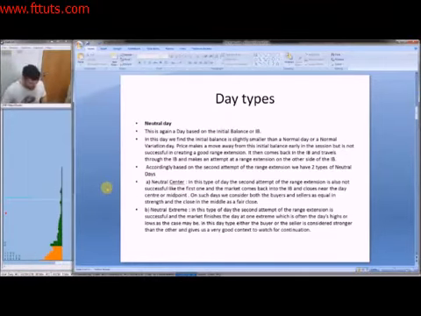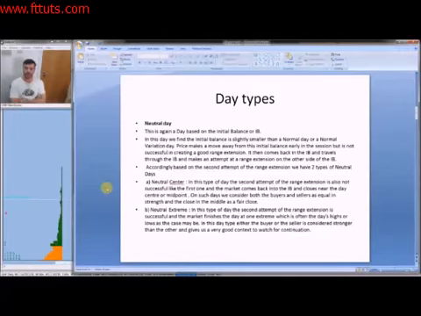A neutral day. A neutral day is again based on the initial balance. We find that the initial balance is slightly smaller than a normal day or a normal variation day. Prices make a move away from this initial balance early in the session, but it is not successful in creating a good range extension.